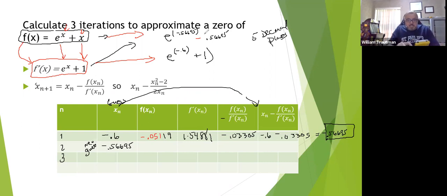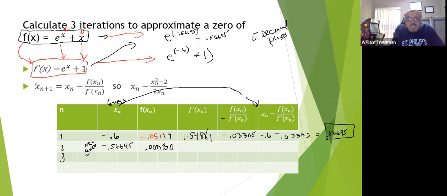And when I put that into the function, second EE, negative 0.56695, bring it down to the bottom, minus 0.56695. Oh, Lord, I get this really small number. Move the decimal 4 places. I get a positive 0.00033 if I take it to 5 decimal places.